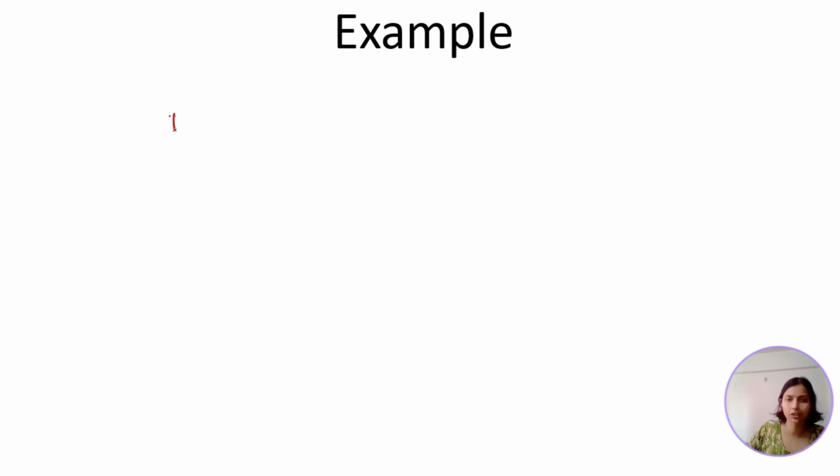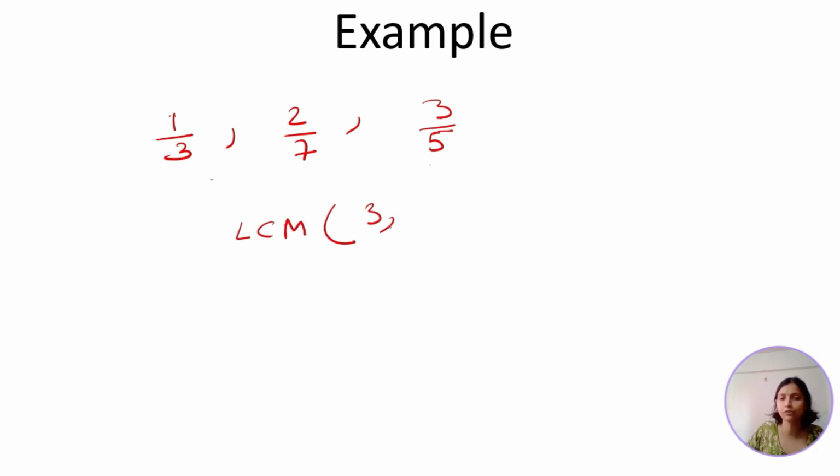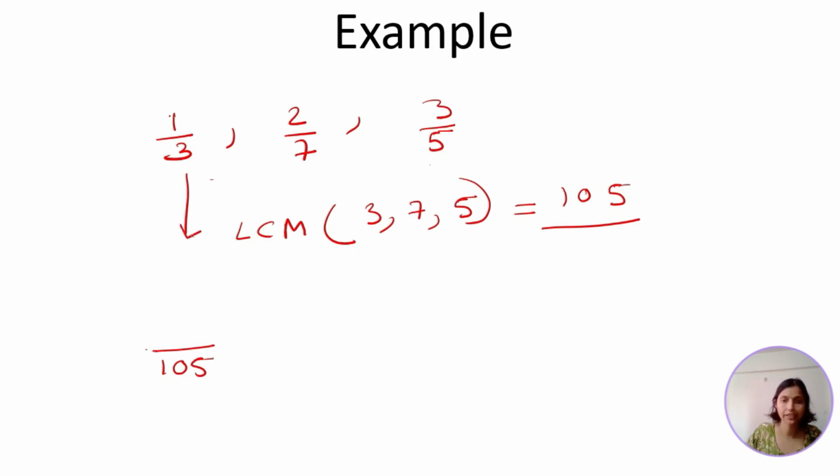Let's take another quick example. In this case, again, I need to bring the denominator same. So I will look for a common multiple of 3, 7, 5, or I can look for the LCM to make the calculations easier. So it will be 105. Now to bring the denominator 105 for 1 by 3, I need to multiply the numerator and denominator by 35.